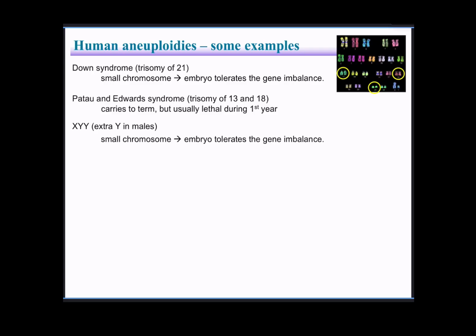They may suffer sterility, though, because when cells in these individuals try to pair up the sex chromosomes, the homologs, during meiosis 1, they can't. They find an X and two Ys, and that confuses the cell, and that may lead to problems during gametogenesis. So these individuals tend to suffer from sterility.